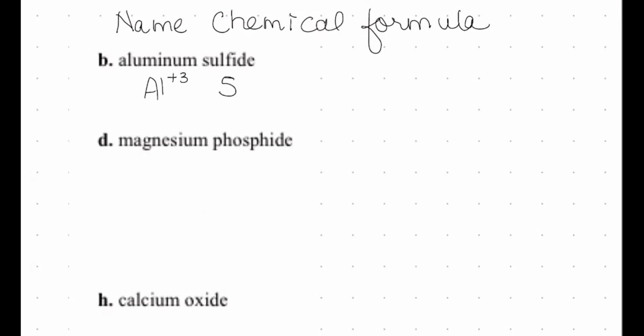Sulfur. If you look at the table on slide 10 or table 6.1 in the textbook, since sulfur is in group 6A, it has a charge of -2. Now the rules say that we take the number and make it the subscript of the neighbor. So the final answer is going to be Al2S3.